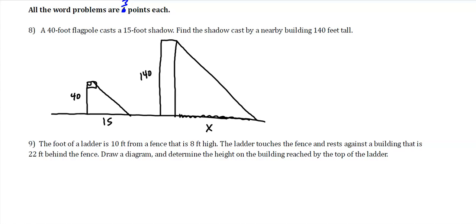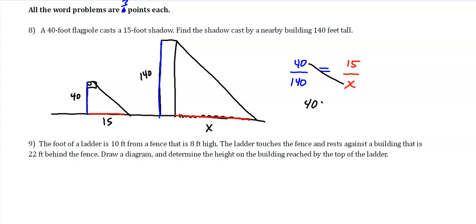So lots of different ways to set it up, but I'm going to go little height over big height, and then I'm going to go little shadow over big shadow. Didn't have to do it this way, but this is just kind of how I do it.